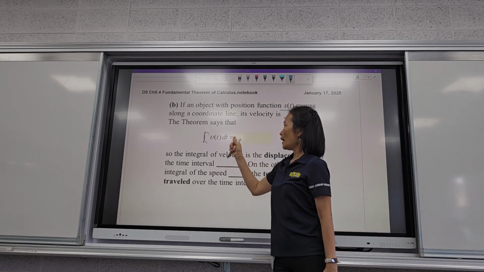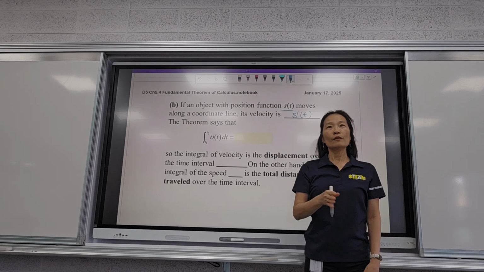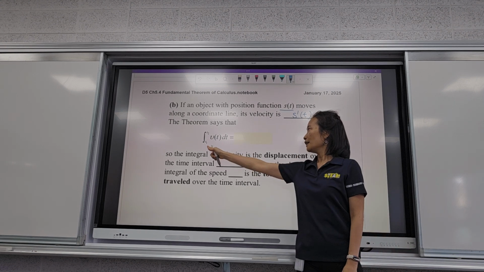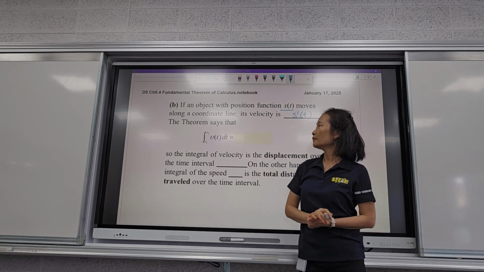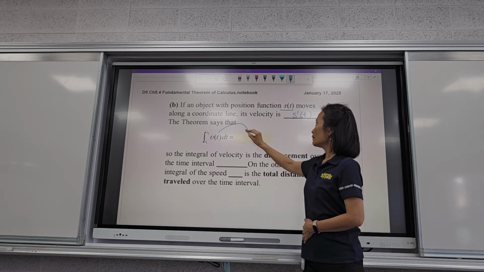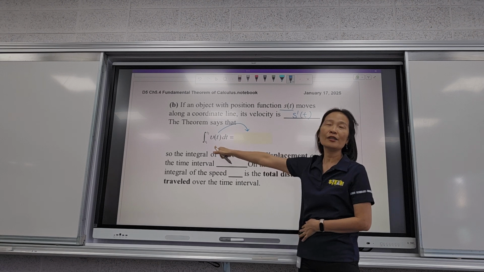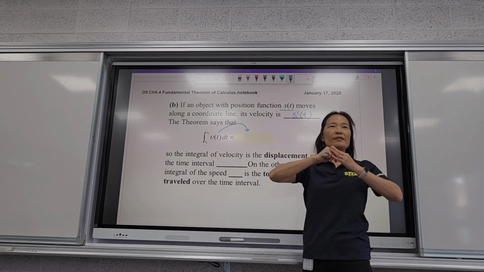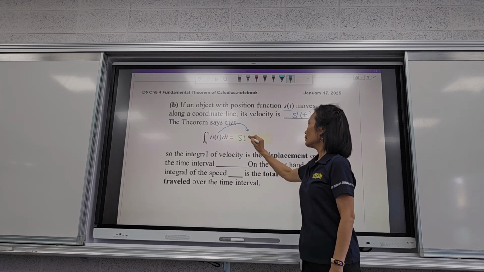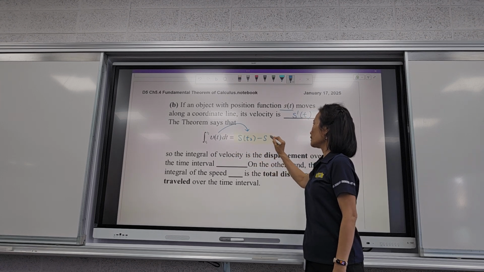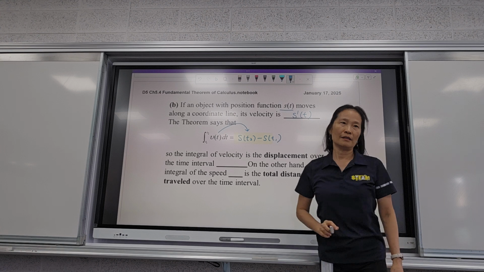Therefore, the theorem says integral v of t from t1 to t2, it will be what? You need an antiderivative of that, which is find the position function, substitute t2, subtract t1.